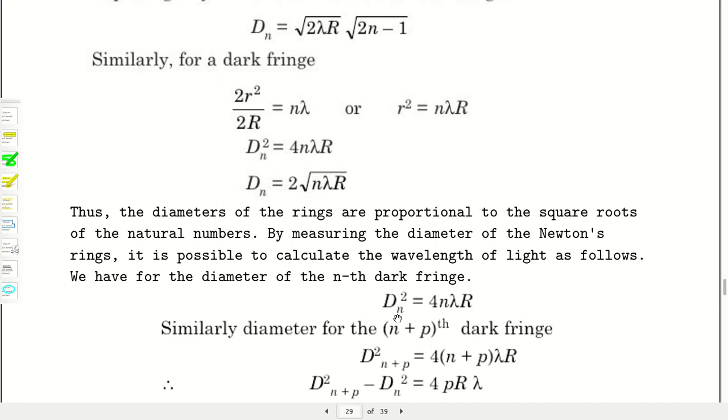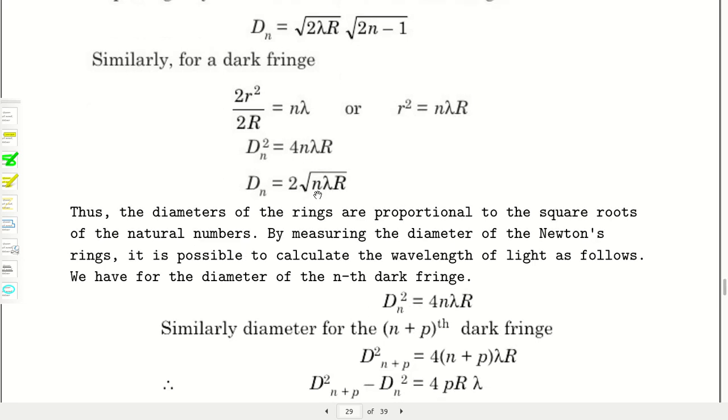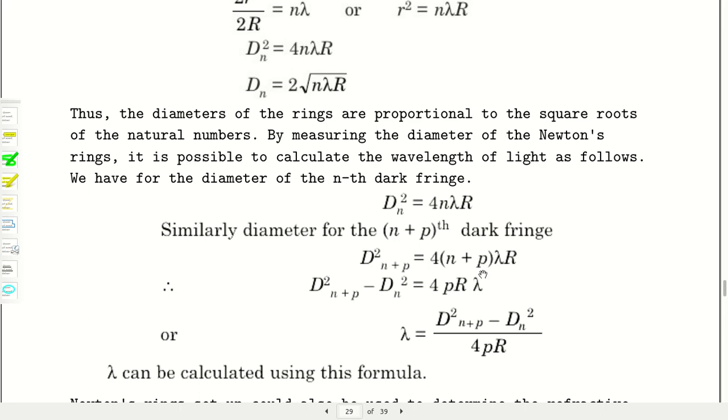Now the diameter of the ring will be Dn plus p, and in the formula just put n plus p in place of n. So just subtract Dn plus p square and Dn square, which gives 4p R lambda. So lambda is equal to Dn plus p square minus Dn square by 4pR.